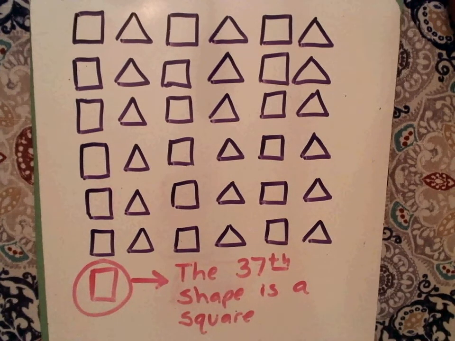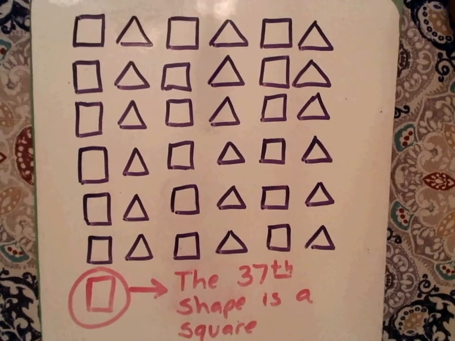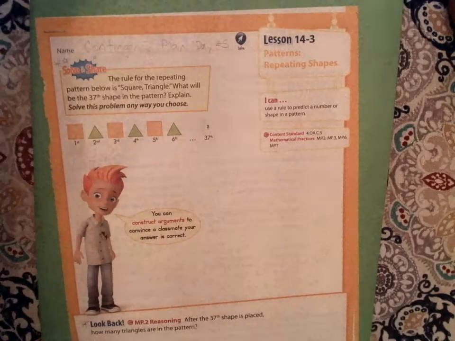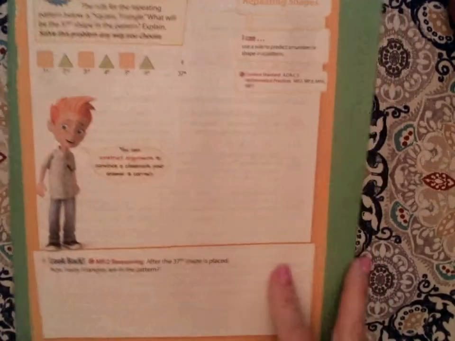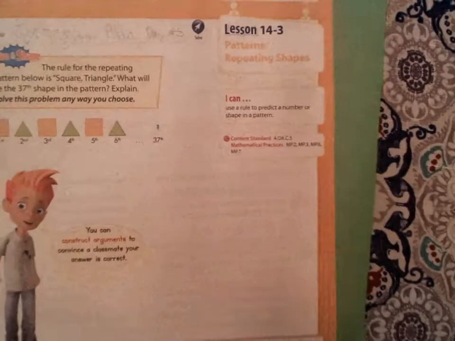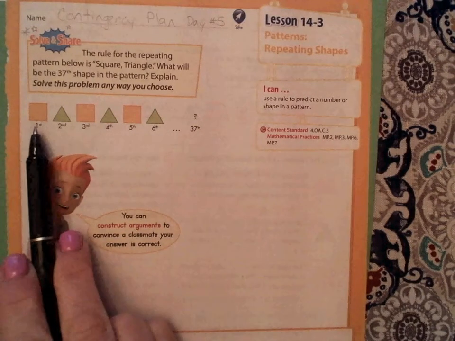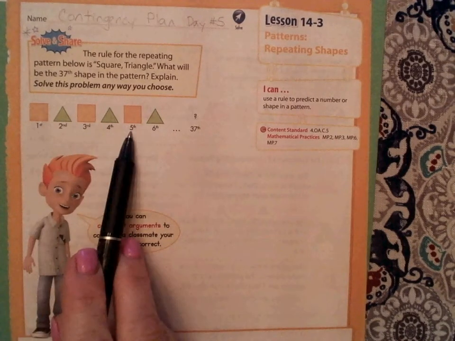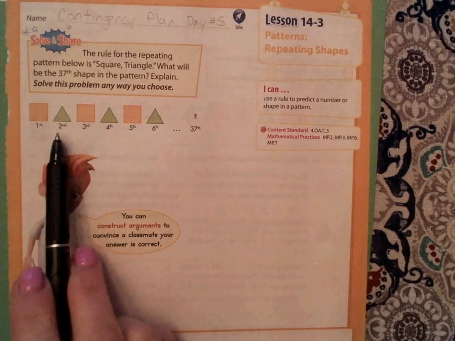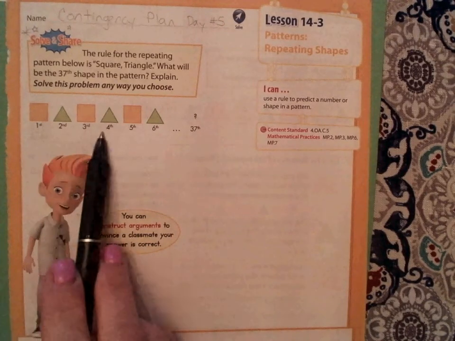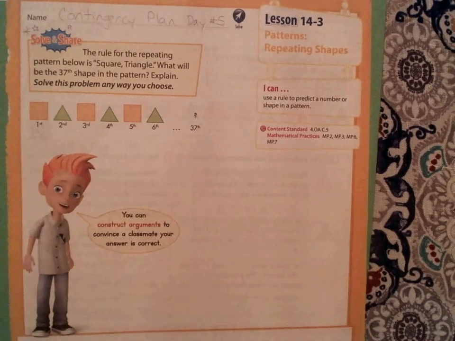And I do want to go over another way that you could have thought about the problem, or maybe some of you did. If you look, the squares are first, third, fifth. Those are all odd numbers. And the triangles are second, fourth, and sixth, which are all even numbers.